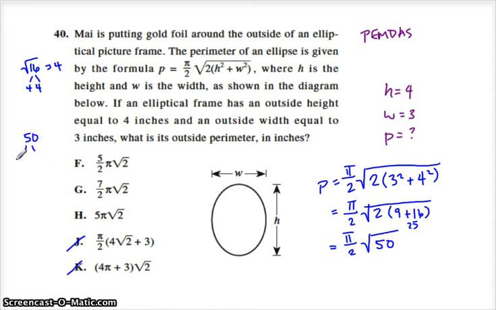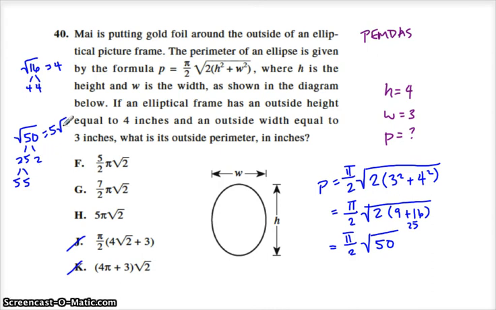So 50, we could describe that as 25 times 2, right? And 25, we could say, is 5 times 5. Oh, look, there's a couple. Just like we had 2 4s, we have 2 5s. So that means we can put a 5 on the outside of our radical. And in this case, we need to keep the radical because we still have a value that didn't have a pair.